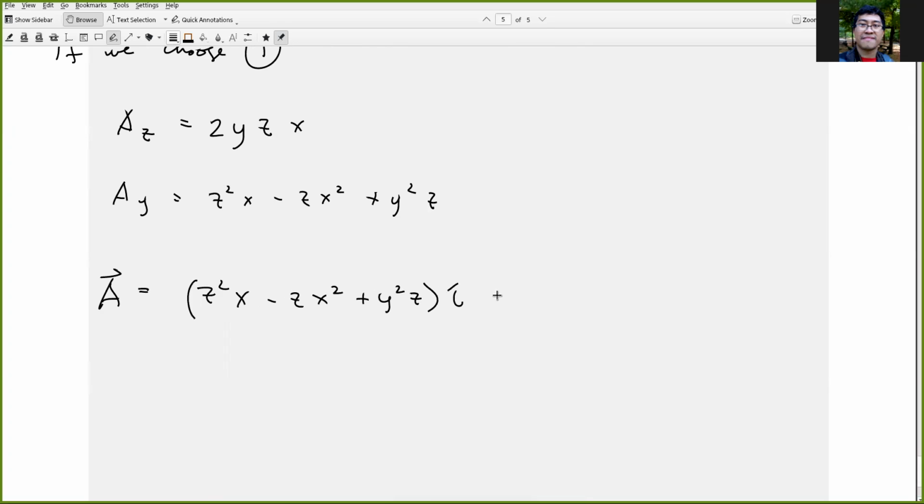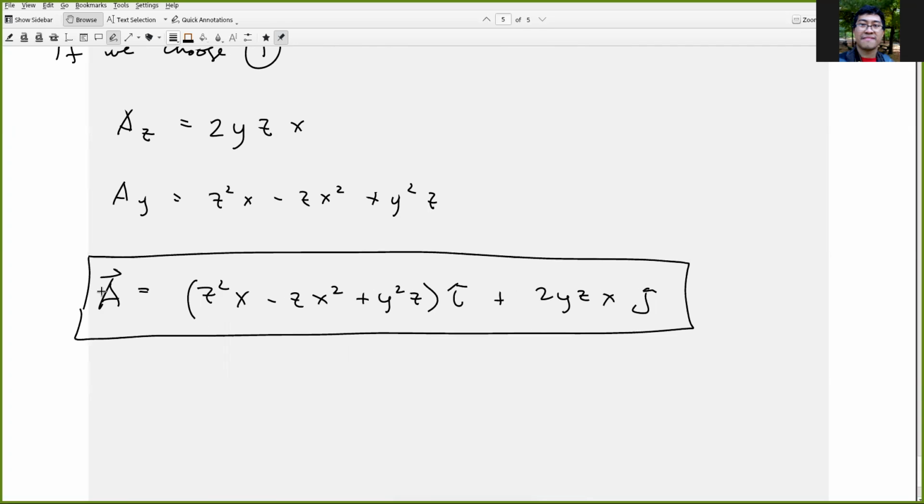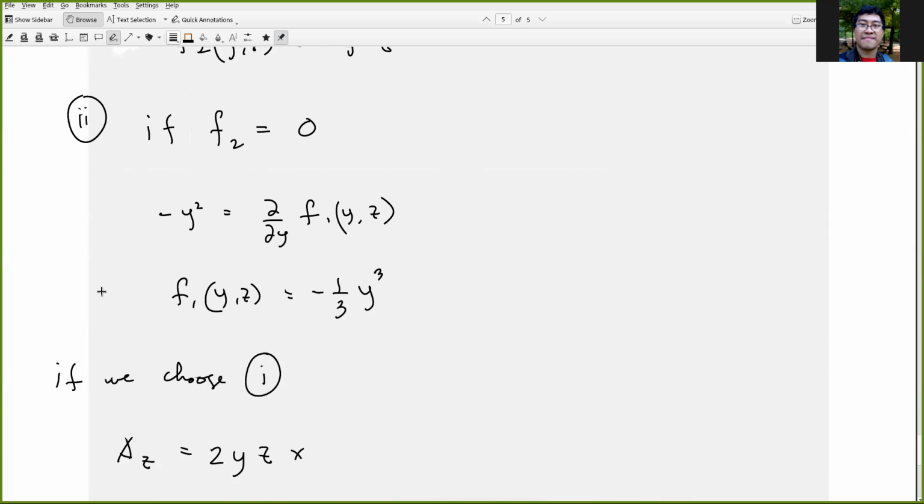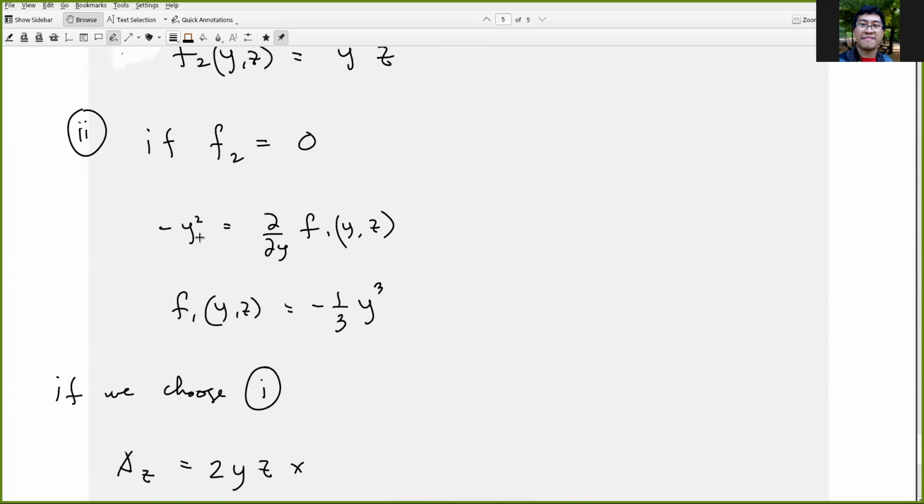This is the ith component plus 2yzx is the jth component. There are also infinite other possibilities. Okay, one of them if we choose this.